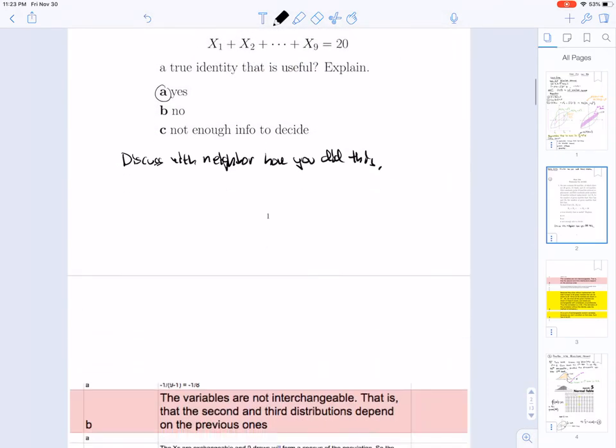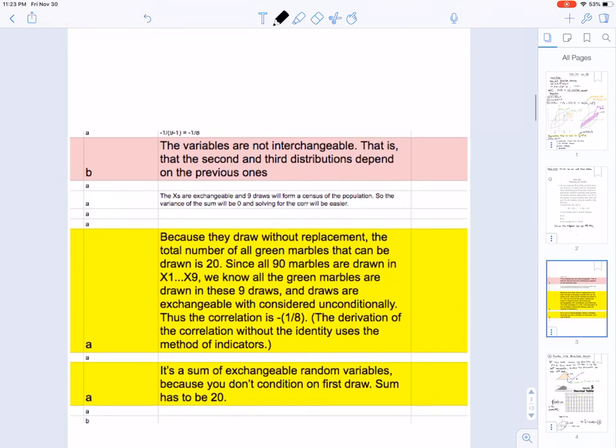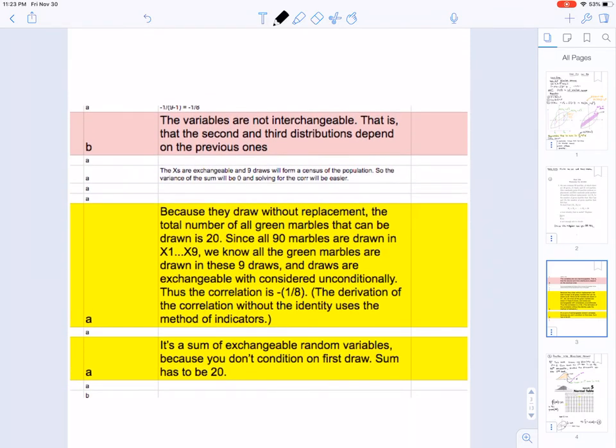One person says the variables aren't interchangeable. That is, the second and third distributions depend on the previous ones, but that's not in fact true. Although there is a dependency between them, they are interchangeable.